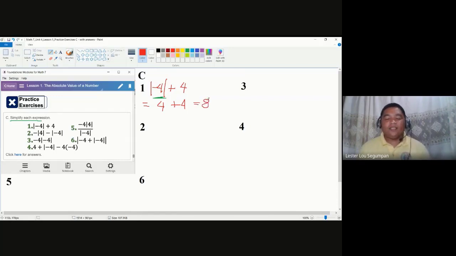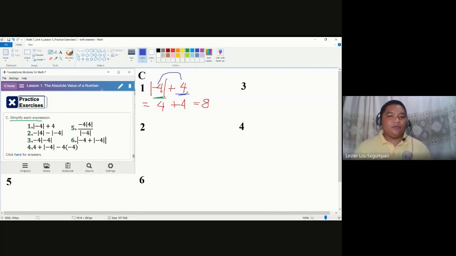So you just need to consider first simplifying the absolute value notation before adding the rest. You might say, I will add this first, sir, so negative 4 plus 4 is 0 before I take the absolute value. That's a no-no, because this number here is just outside the absolute value notation.